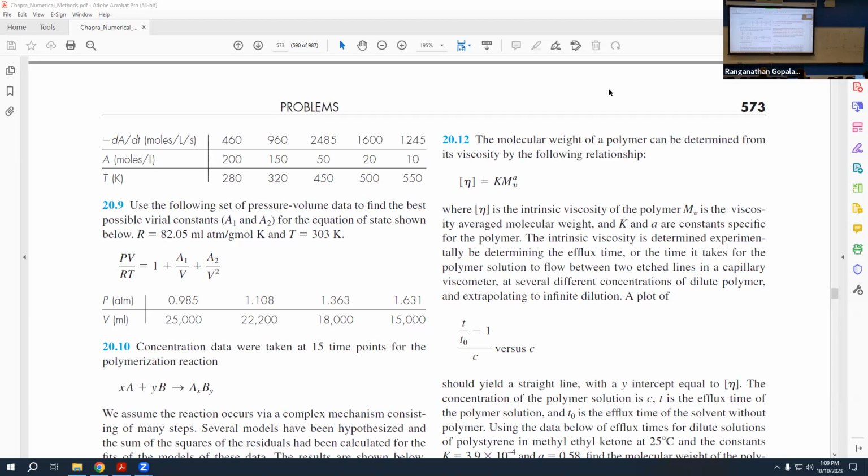So if you get up to here, your data is presented as P and V. You can put this in Excel. So remember, in your exam, you will have access to your computer and Excel. So let's do this problem as I would do it in an exam.